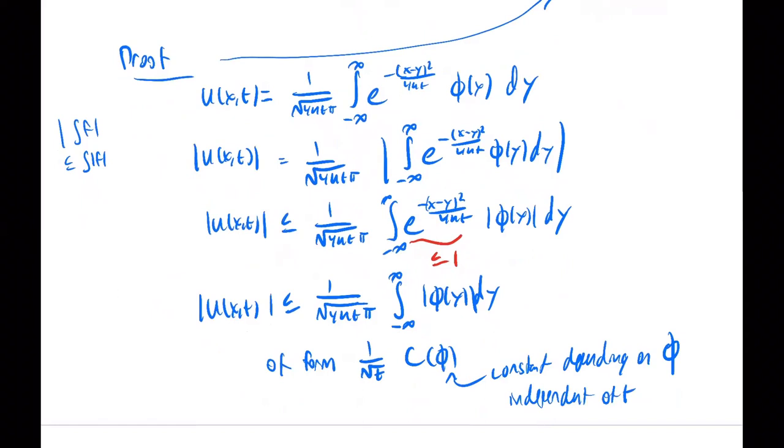Right? And so if I take the limit as t goes to infinity, well, I have t to a negative power times a constant, and so this thing goes to 0, right? And so by the squeeze theorem, the solution decays, right?